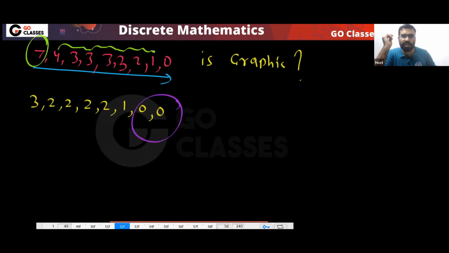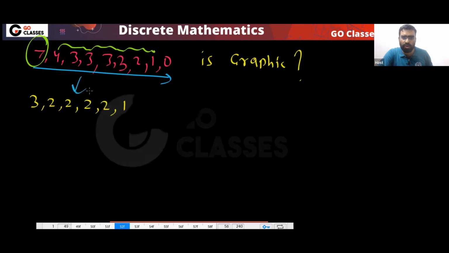They will become isolated vertices, so you don't have to worry about them. You don't have to consider them in the further process.